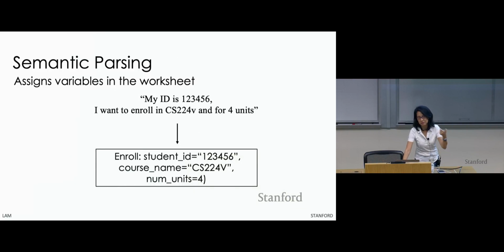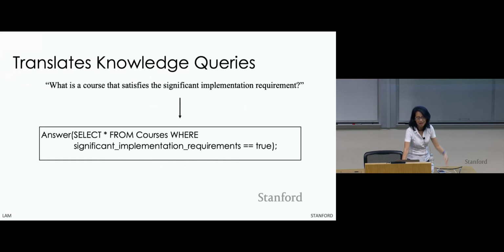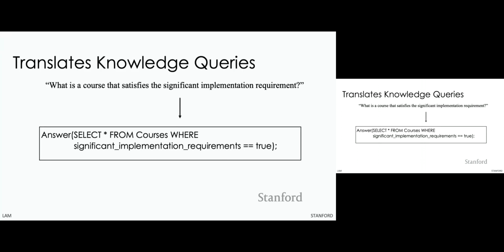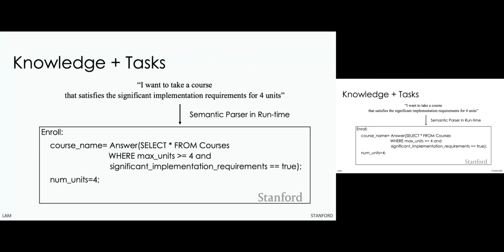So the semantic parser, it's roughly, you give me a name, I will parse it to the fields in the data in the worksheet. And if it is natural language, then I translate it into a query. And if you happen to say something like, I want to take a course that satisfies the significant implementation requirement for 4 units, you are specifying an API parameter as well as a query.